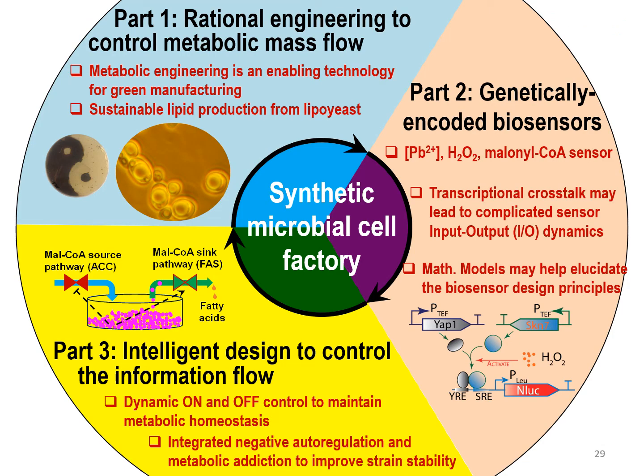In the end, I want to summarize. We have gone through a transition from a rational engineering approach, so we can control the mass flow based on stoichiometry-based mass balance. As we went on, we understood that biosensors are very important, and we can use transcriptional regulation as a lever, leveraging transcription-based biosensors to link gene expression with external environmental stimuli.